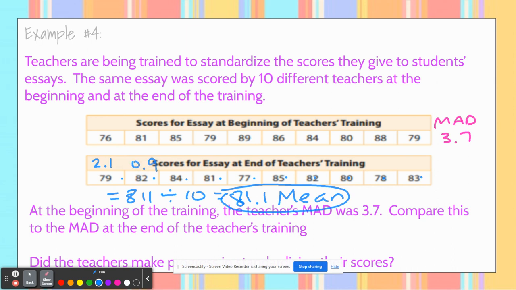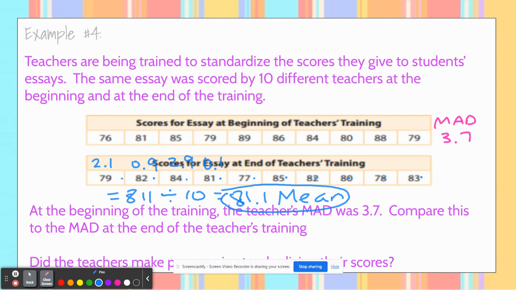Then we're going to take 84 minus 81.1. The absolute value of 2.9 is 2.9. Then we're going to do 81 minus 81.1, which is negative 0.1, but the absolute value is 0.1.